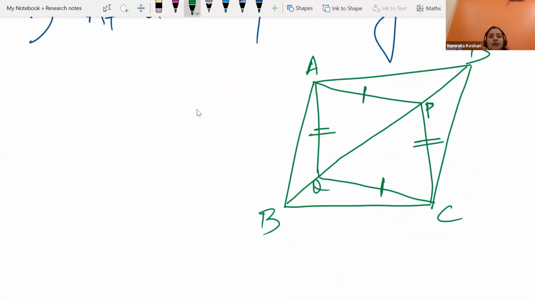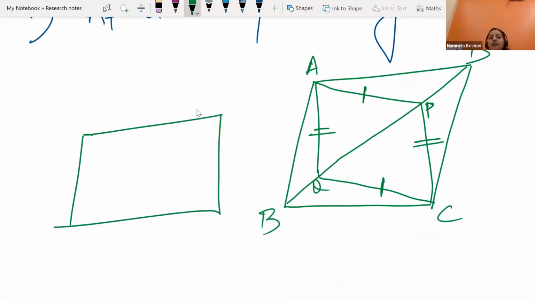So of course it's a parallelogram. If you have a quadrilateral where this side is the same and this side is the same, that is the property of a parallelogram. Yes or no? Yes, ma'am. If in a quadrilateral opposite sides are equal, it has to be a parallelogram.